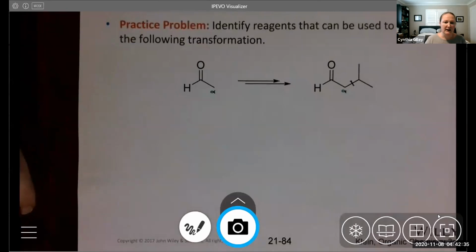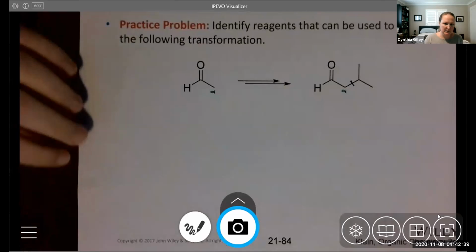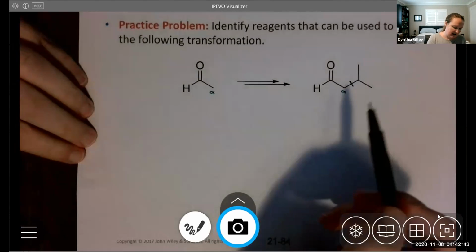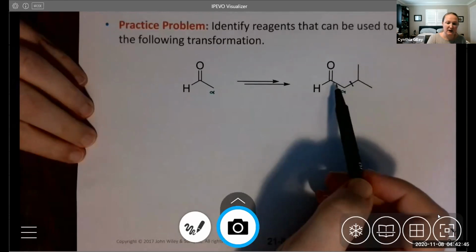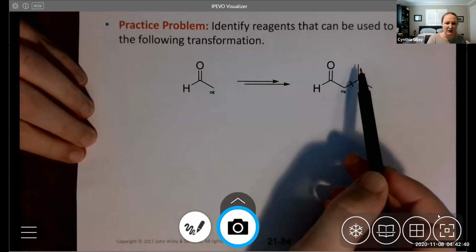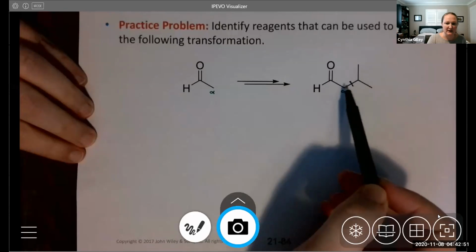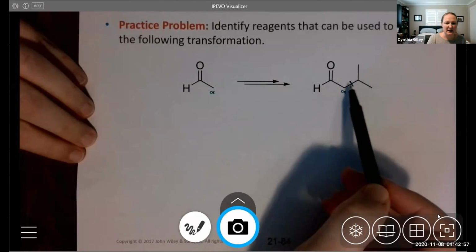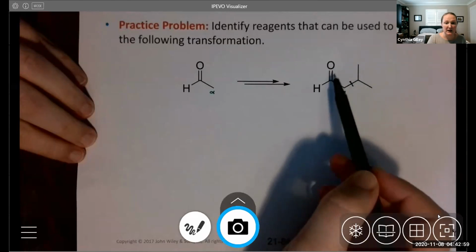Okay, so another thing you might be thinking of is, how can we potentially introduce this? Maybe we can achieve this product through some sort of conjugate addition. If we were doing a conjugate addition, we would need a double bond here, because the reactant for a conjugate addition is an alpha beta unsaturated carbonyl.